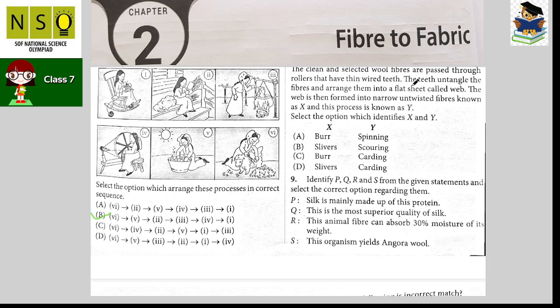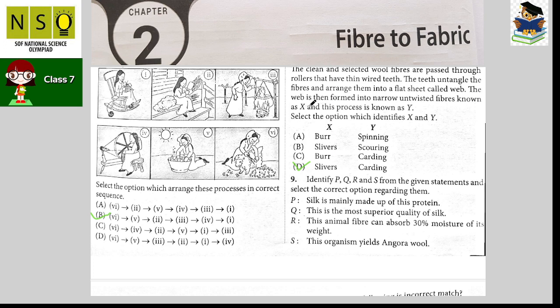Now question 8 says, refer to the given paragraph. The clean and selected wool fibers are passed through rollers that have thin wire teeth. The teeth entangle the fibers and arrange them into a flat sheet called web. The web is then formed into narrow untwisted fibers known as X, and this process is known as Y. So we have to select the option, what are X and Y. The correct option will be slivers and carding.